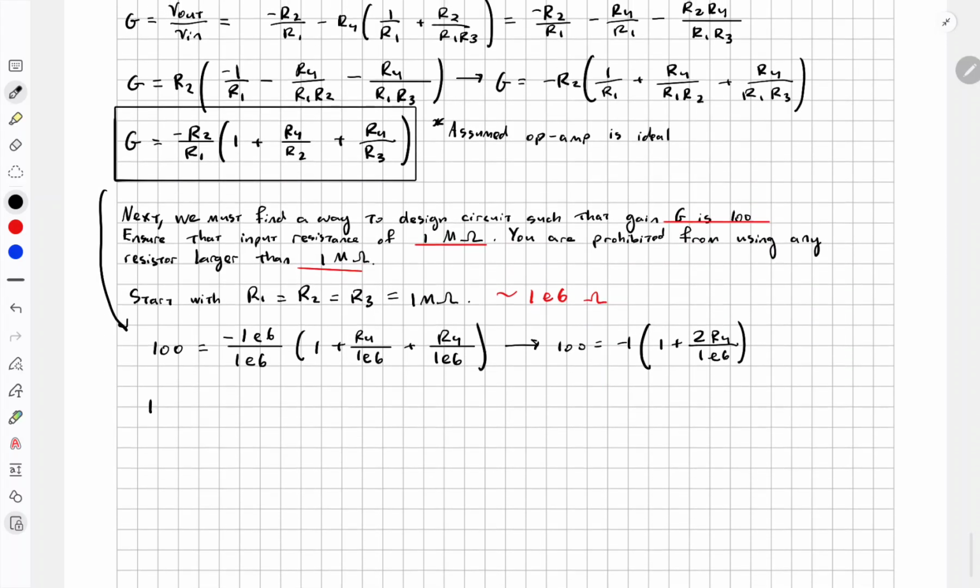So just distribute the -1, so it's -1 minus 2R4 divided by 1 mega ohm, and then we're just solving for R4.